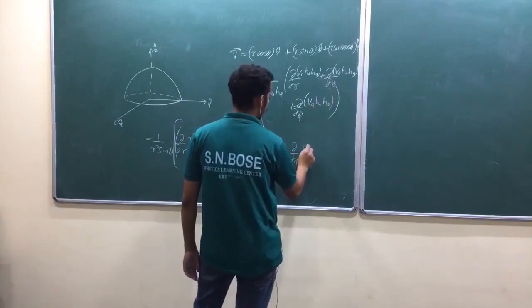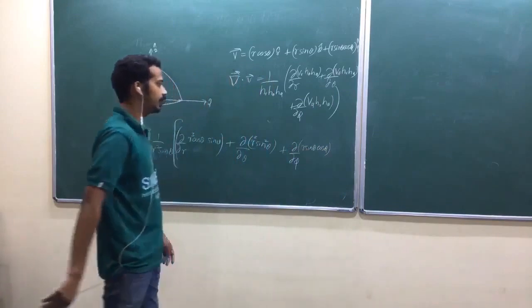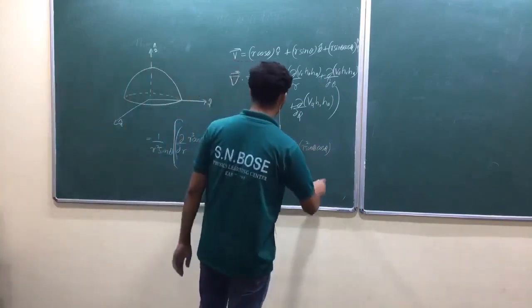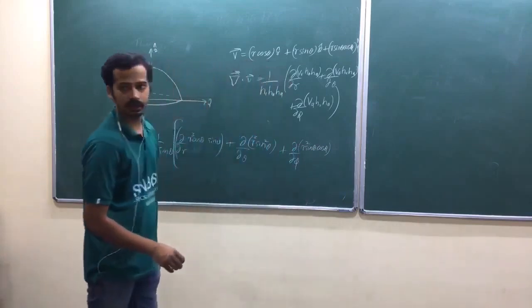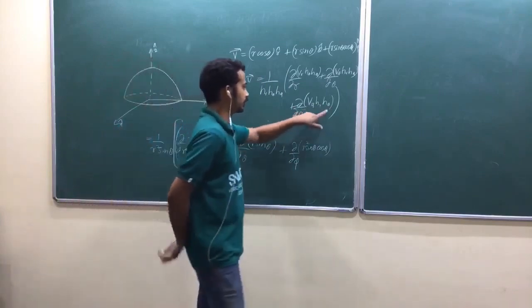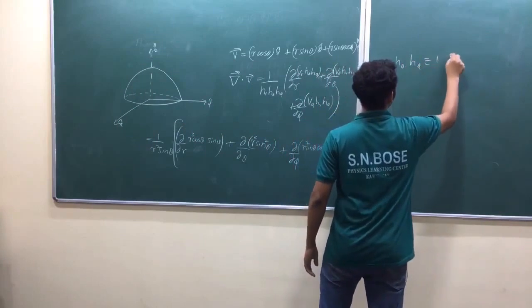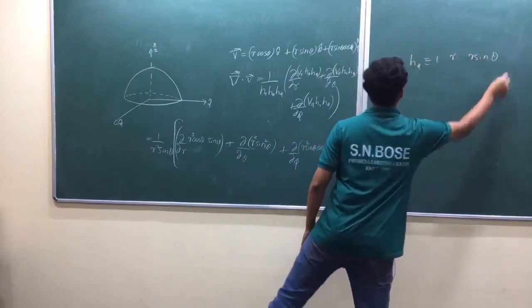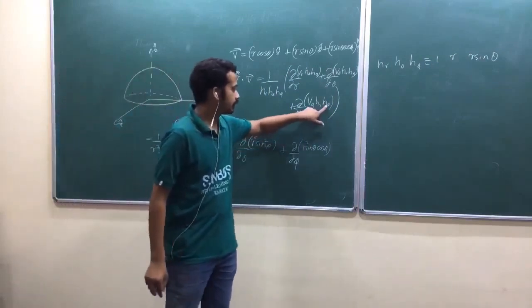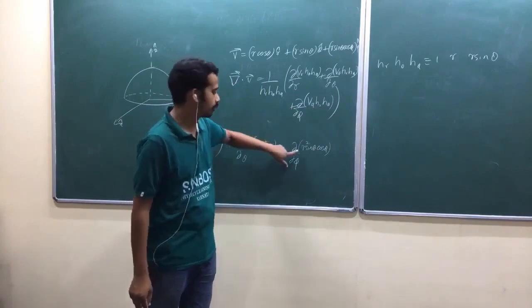Dou by dou phi. V_phi equals r sin theta cos phi multiplied with h_r h_theta. h_r equals 1, h_theta is r. That's correct.